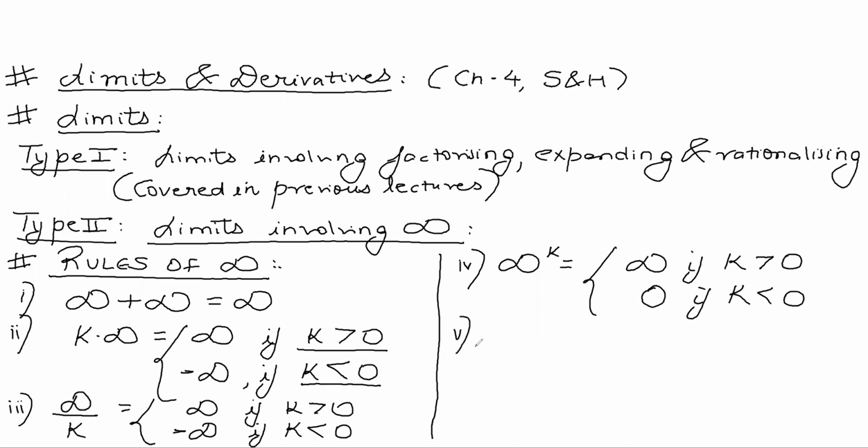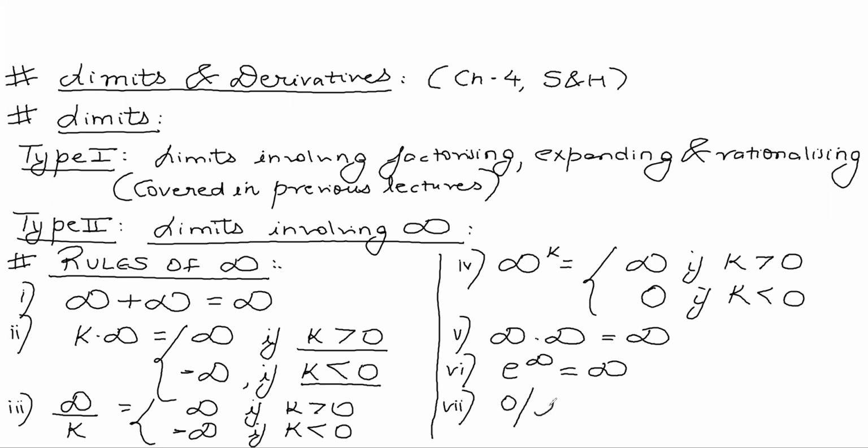The fifth rule: infinity into infinity is equal to infinity. Product of infinity is infinity. The sixth rule: e to the power infinity is equal to infinity. And the seventh rule: 0 upon infinity is equal to 0.